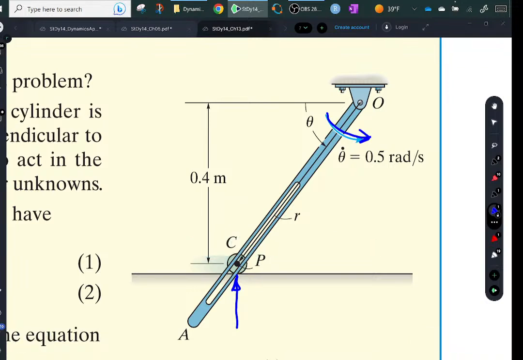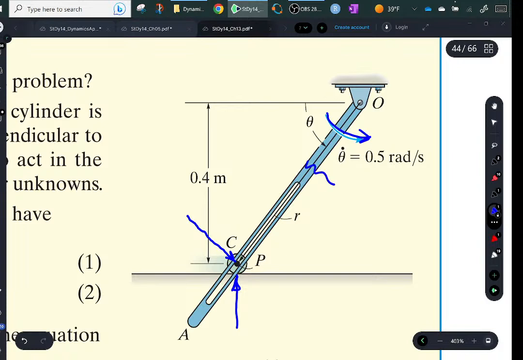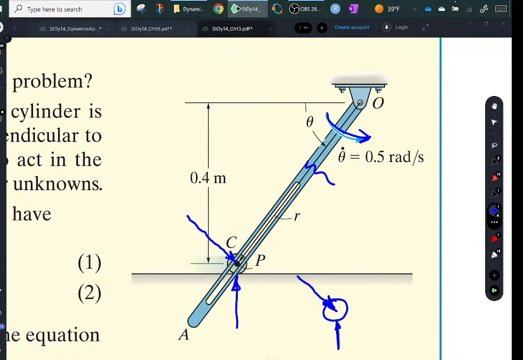So in fact, you've got the ground pushing on this drum or whatever that is. You've got this rod right here pushing on the drum. So if you pulled that drum out, you'd have this. And it should have some sort of weight.